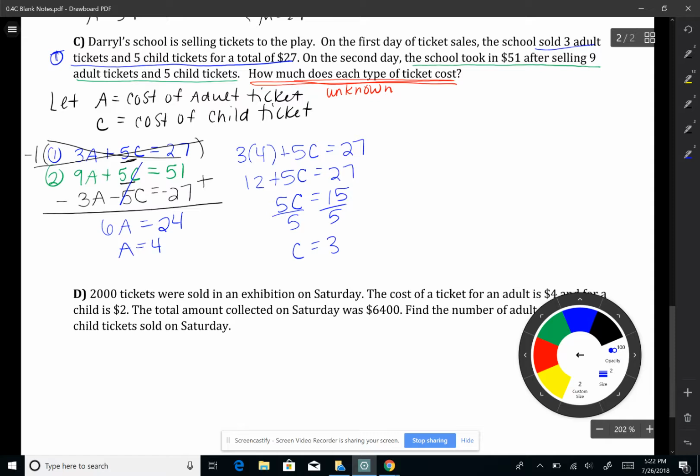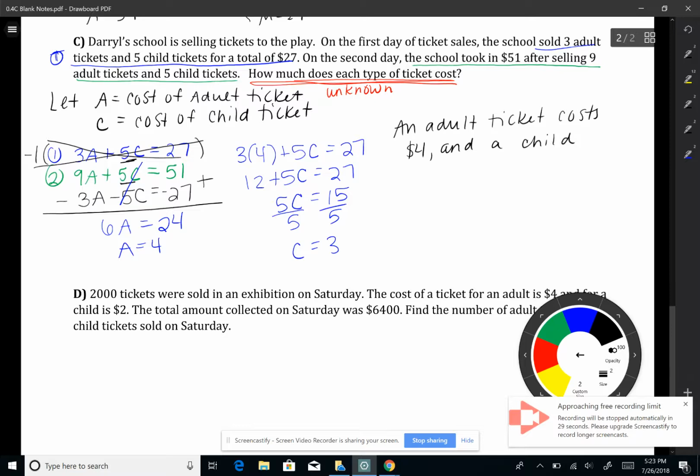So remember that A represents the cost of an adult ticket and C represents the cost of a child ticket. So our final answer in a sentence would be an adult ticket costs $4 and a child ticket costs $3.